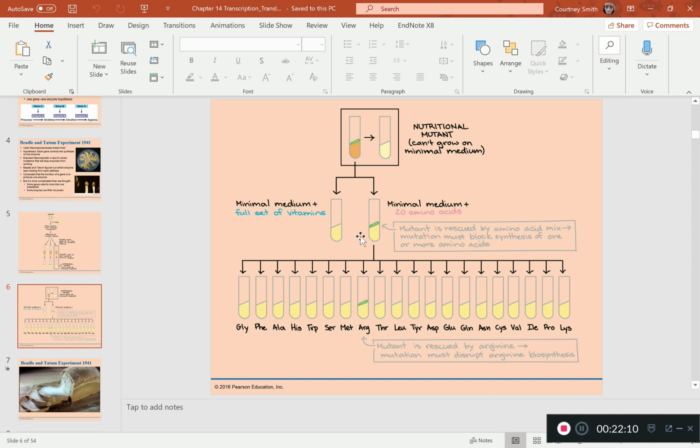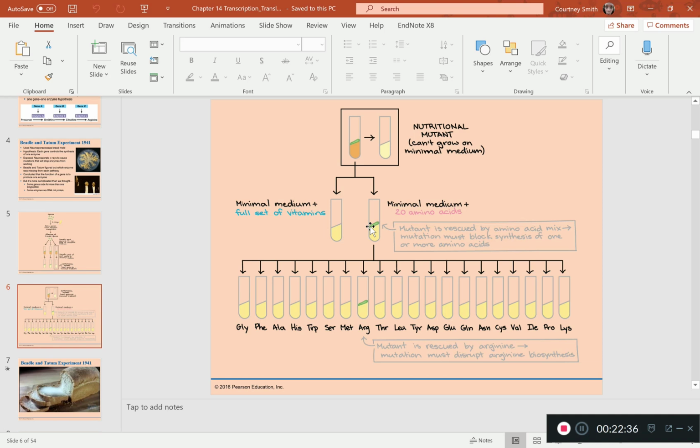And then from there, they individually added each amino acid to each test tube. As you see right here, they had all 20, but they wanted to know which specific amino acid was lacking.